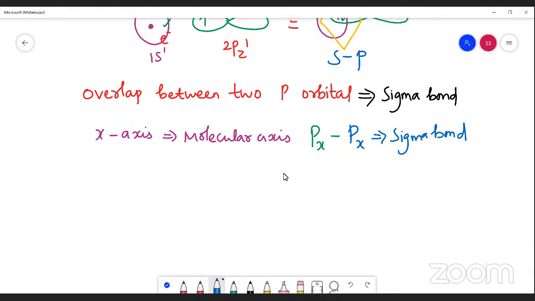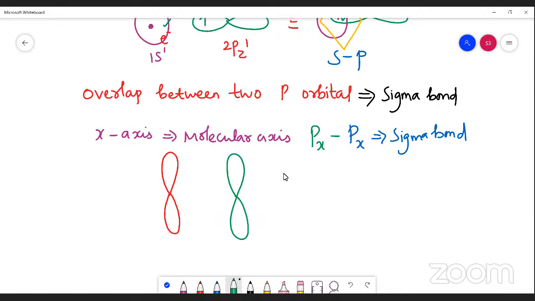In the same way, consider when two atomic orbitals overlap sidewise. Suppose, for example, I have shown this p orbital. When we take one p orbital, this is the second p orbital. This is the first p orbital and this is another p orbital.